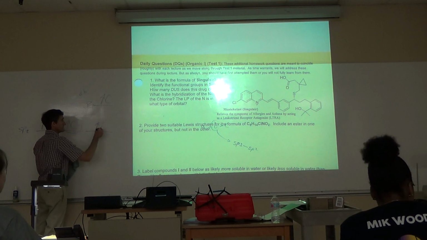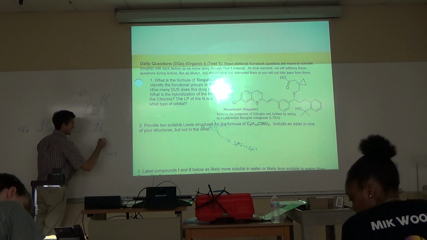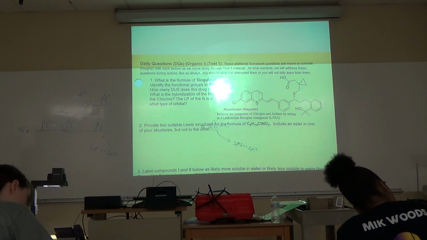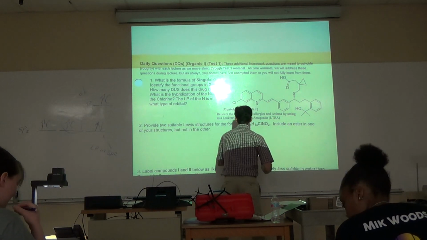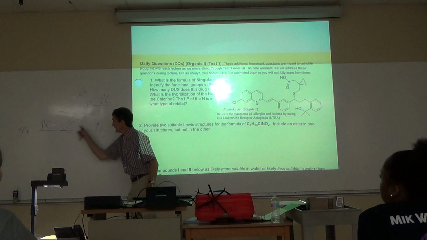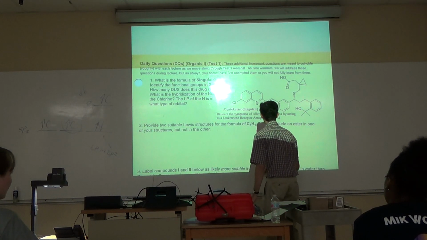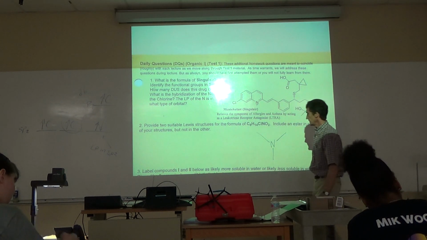Lone pair is right here. And if we do that, we know that these three are spread out in what type of geometry? Trigonal planar. Does that look trigonal planar?